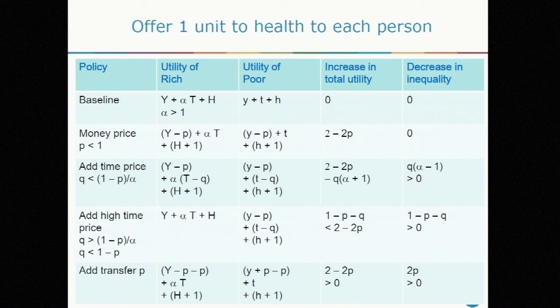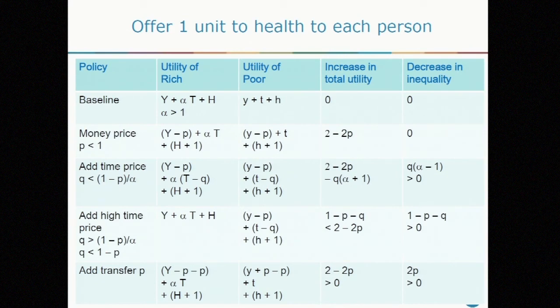I've dropped the G and the F, I'm looking at the arguments of the utility function. For the rich person, it's Y plus alpha T plus H. For the poor person, it's y plus t plus h. I use big letters for the rich and small letters for the poor just to indicate that the levels might differ between these two people.